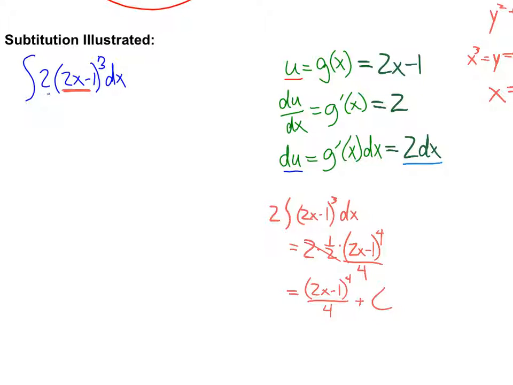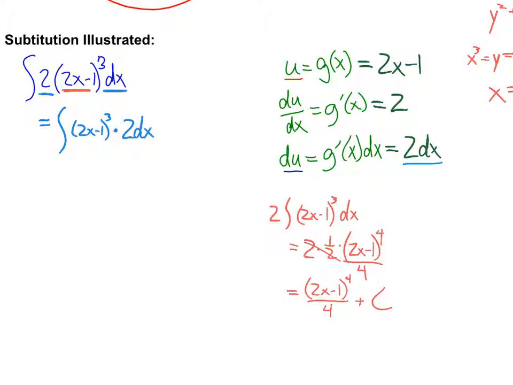Notice up here, I have a 2 and I have a dx. So I'm going to rewrite this integral as the integral of (2x minus 1) cubed times 2 dx.